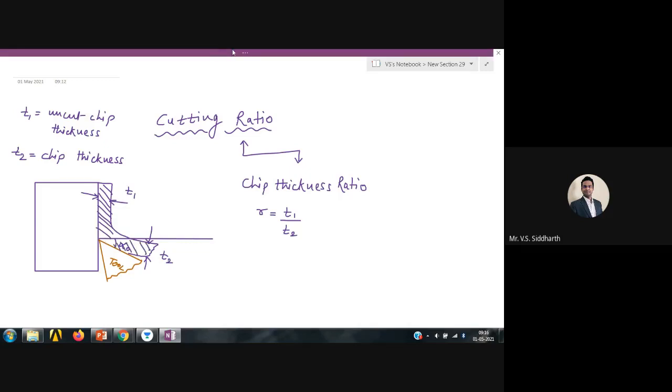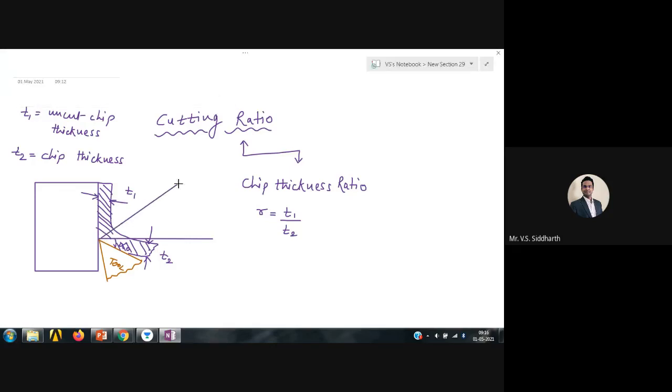Okay. So you have to tell me this is a shear plane. So you have to tell me this ratio T1 by T2 is equal to 1, is less than 1, or is greater than 1.